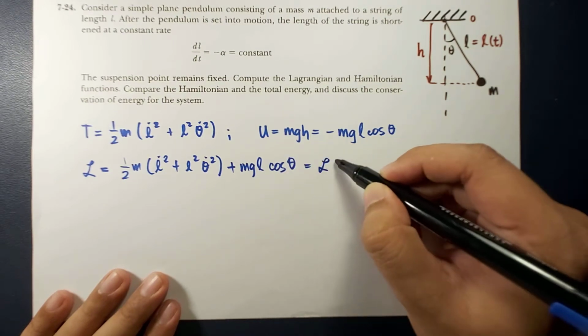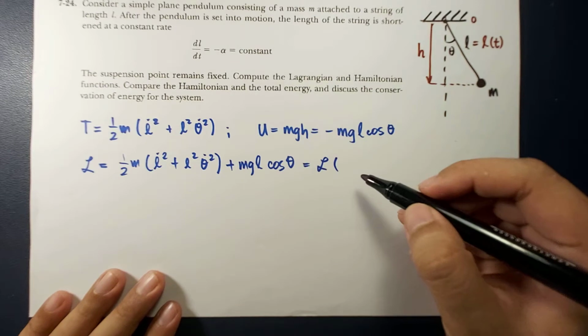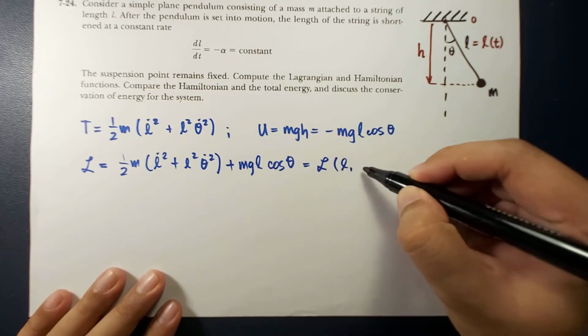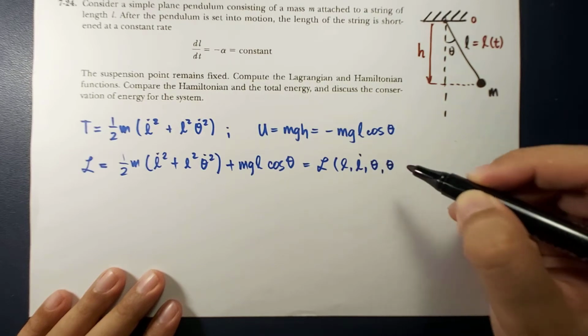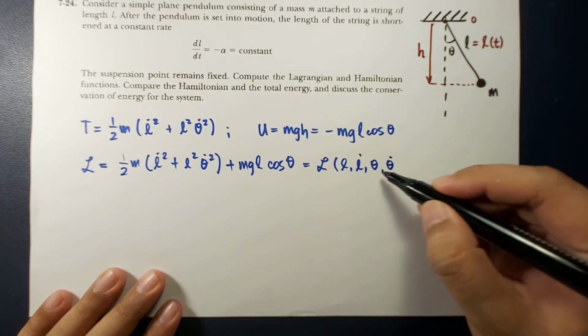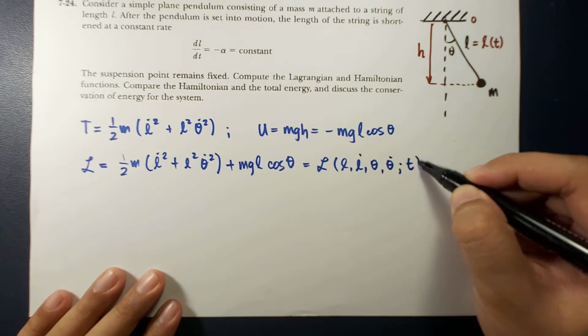This tells us that the Lagrangian is a function of L, L dot, theta, and theta dot, and these are all functions of time.